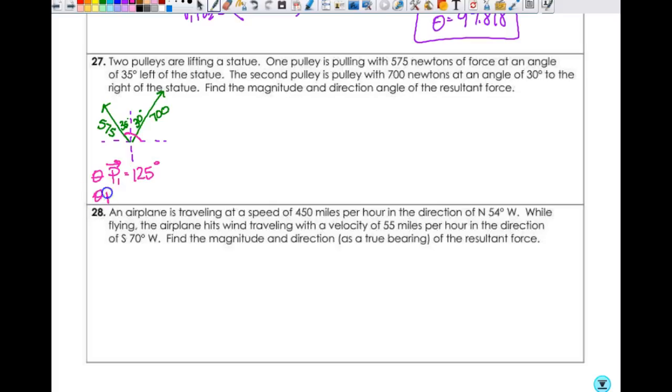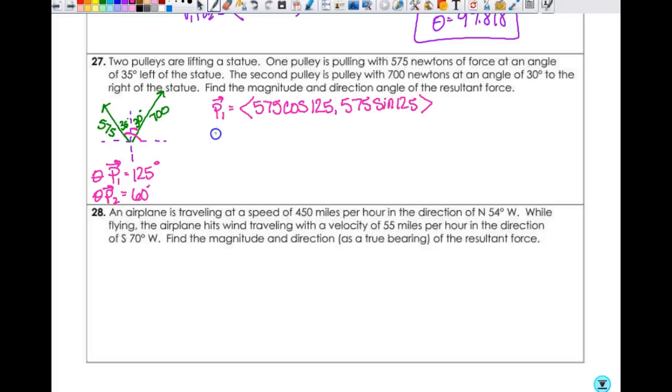Then theta for P2, well, this is 30 degrees, and I start here, so I have to subtract that from 90, and that gives me 60. So for pulley 1, my vector is going to be 575 times the cosine of 125, 575 times the sine of 125.